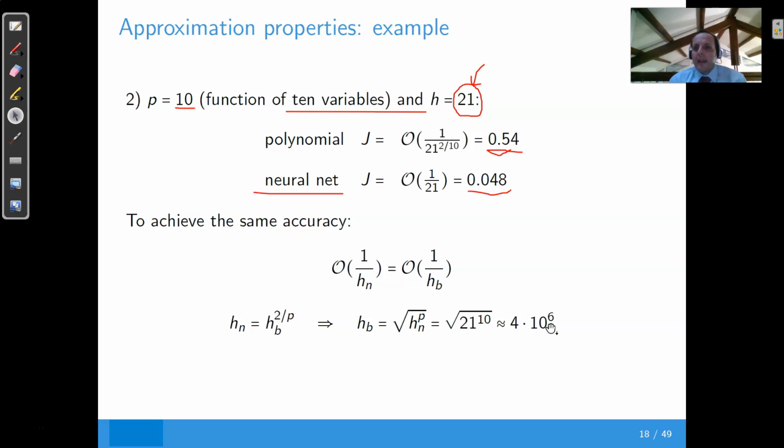So it means that when the number of inputs increases, the polynomial solution is much more complicated than a neural network, in terms of, for example, computational complexity or storage in terms of memory. So this practical result is very important.